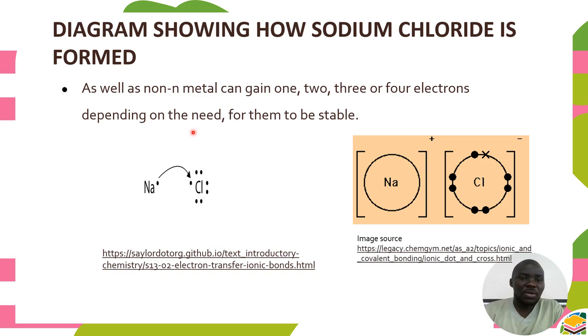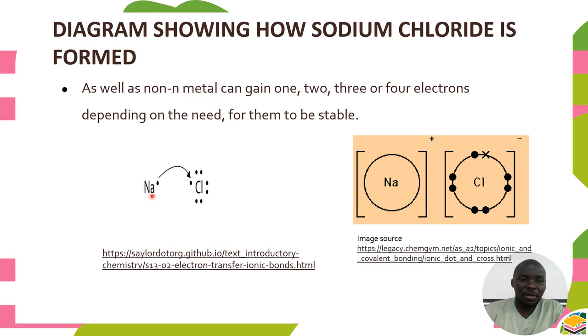They can release 1, 2, 3 depending on the number of valence electrons they have in the outermost shell. While for nonmetal elements, they can gain either 1, 2, or 3 depending on the need for them to be stable. When we're saying the need, we're referring to reaching the electron configuration of noble gases.